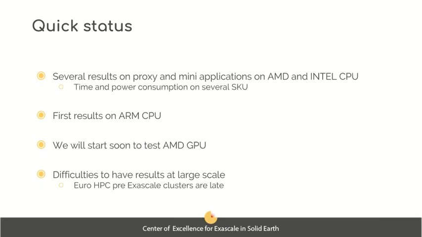We just have first results on ARM CPU, and we will start soon to test AMD GPU. We have more difficulty getting results at large scale for the moment, mainly because the European HPC pre-exascale clusters are late.